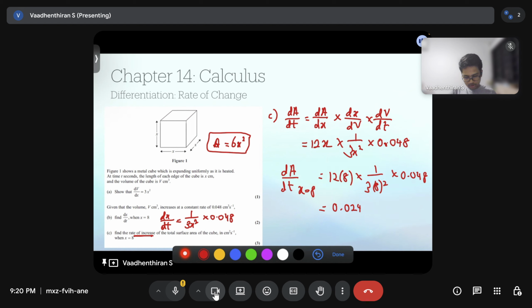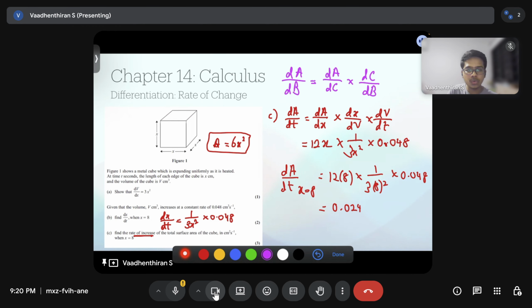I hope you understood this part. The only important formula for rate of change is this chain rule, which I'll write once again for your notes: dA over dB equals dA over dC times dC over dB.